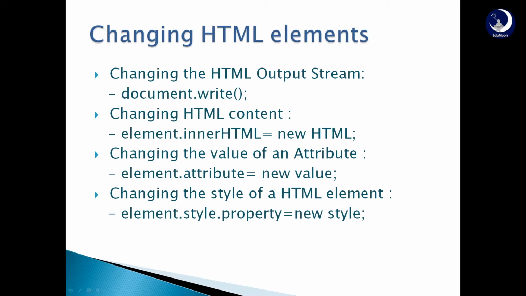Changing the style of an HTML element: element.style.property. Element means we should find the element and then add .style.property equal to a value. If I want to change the font size, then I would say .style.fontSize equal to the size in pixels or percentage. Let us not delay and get into the examples.